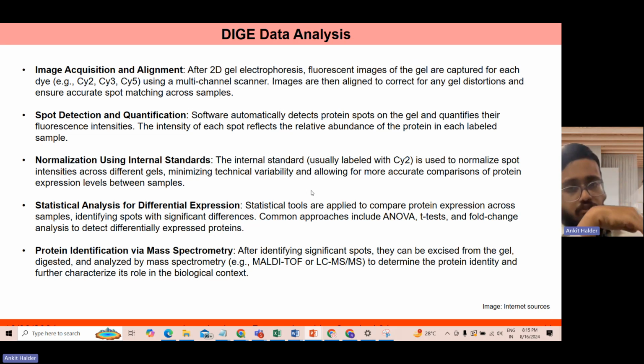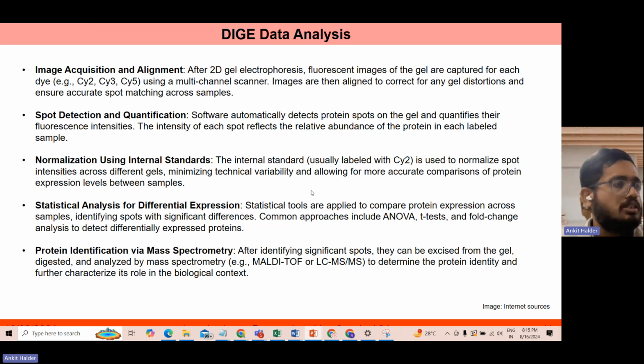So these are the basic 4 to 5 steps that are employed whenever we want to perform the analysis of the differential gel electrophoresis. First, we have to perform image acquisition and alignment.